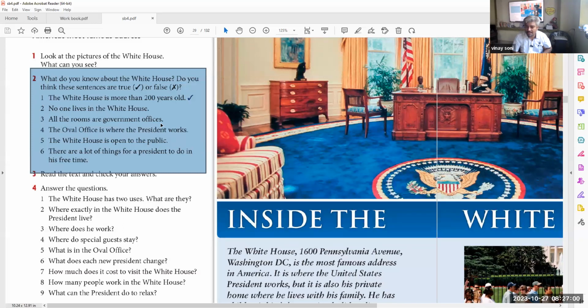You have 10 seconds to do this, okay? 10 seconds. Read the 6 sentences, 1, 2, 3, 4, 5, 6. And if you think they are true, tick them.